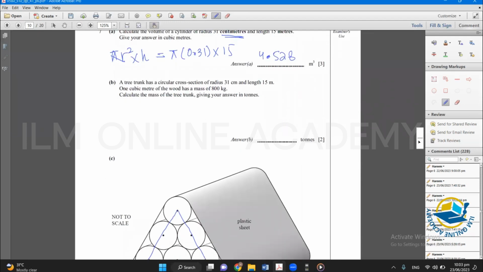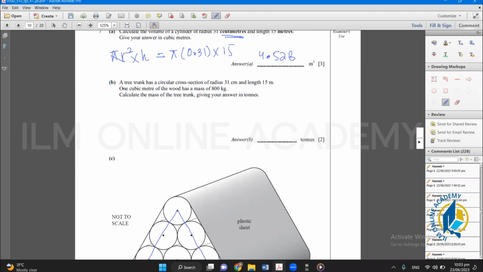A tree trunk has a circular cross section of radius 31 centimeters and length 15 meters. See, the data of the radius and length is the same as the part above, part A. They are saying there's a tree trunk whose cross section has radius 31 and its length is 15 meters. 1 cubic meter of the wood has a mass of 800 grams.